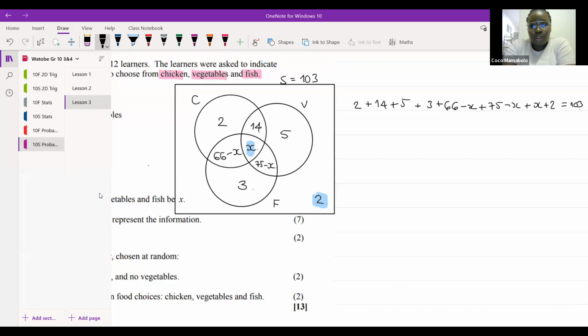So let's add the numbers first, like terms. So 2 plus 14 plus 5 plus 3 plus 66 plus 75 plus 2 is equals to 167, not 165.